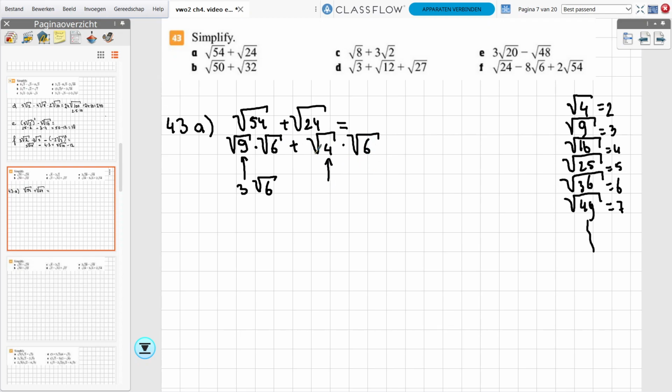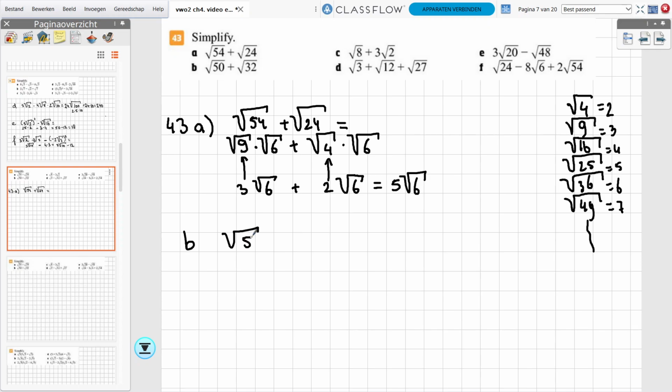Root 4 I can calculate, plus here, 2 root 6. And alas, not only have I factorized them, but I have also simplified them in such a form that I now have two like roots. 3 root 6 plus 2 root 6 is 5 root 6. See how this works?